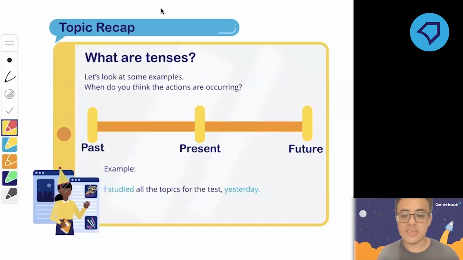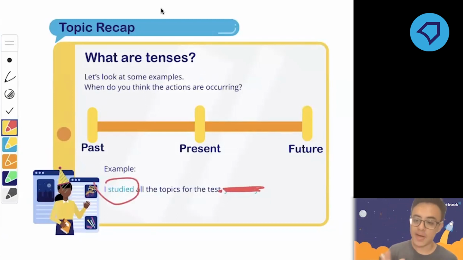So look at this, right? I studied for all the topics for the test yesterday. Now, even if I covered the word yesterday, you would know that because of the word studied, this action happened in the past.